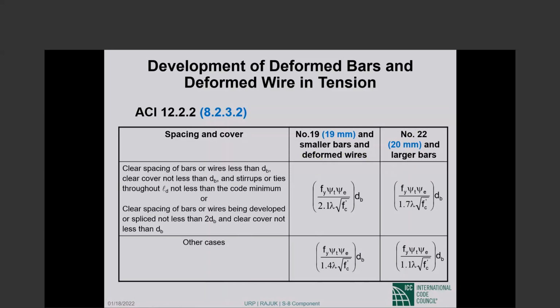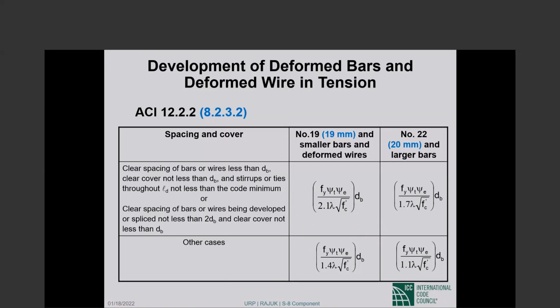In every case, the required development length is so many bar diameters: 50 bar diameters, 62 bar diameters, whatever this number comes out to be. This has f sub y in it, the lightweight concrete factor lambda, the concrete strength, and also two factors we call psi sub t, the top bar factor, and psi sub e, the epoxy coating factor.